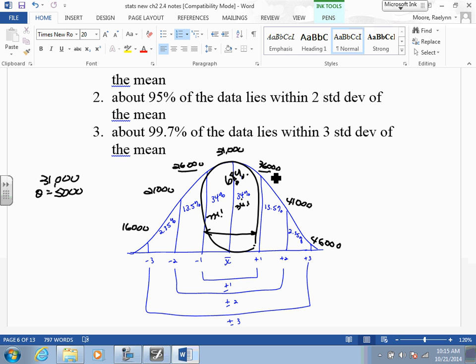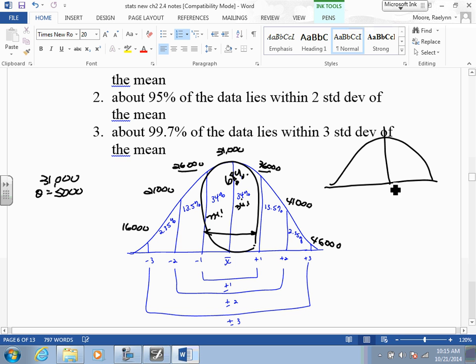As opposed to the other guy that said 31,000 in the middle. We always do 1, 2, 3. 0 is the middle, is the mean. If I add, he had a 1,000, 32,000, 33,000, 34,000. Then I go down this way. 30,000, 29,000, 28,000.